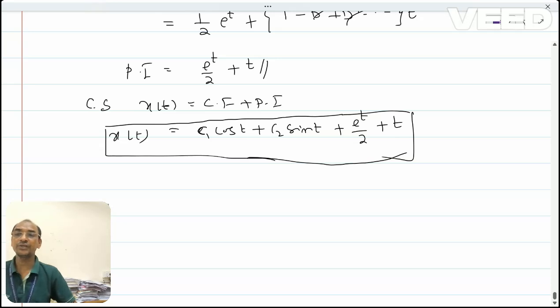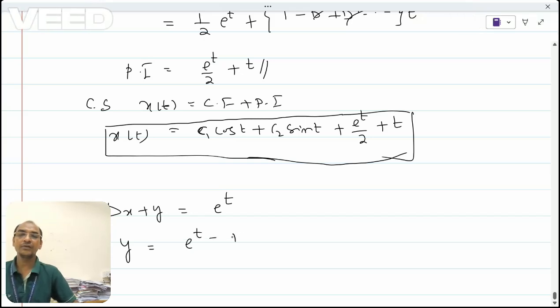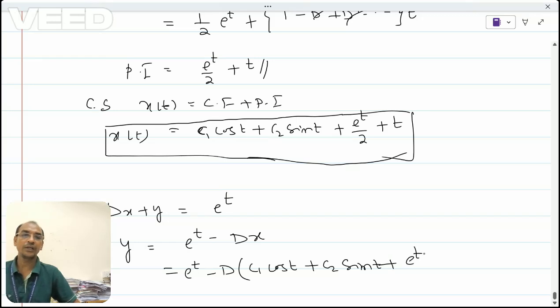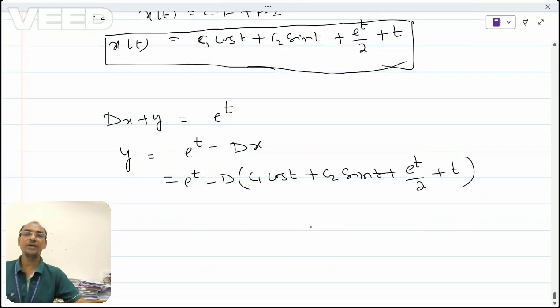First equation is Dx plus y equal to e to the power t, and so y will be nothing but e to the power t minus Dx. So that means e to the power t minus D of (C1 cos t plus C2 sin t plus e to the power t by 2 plus t).